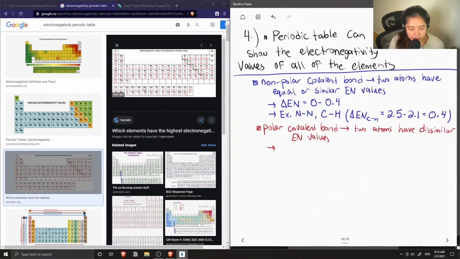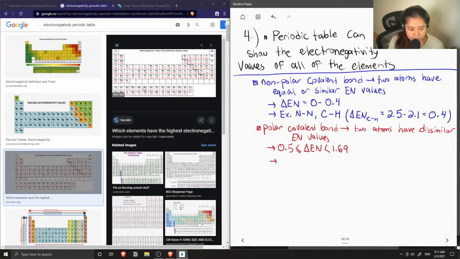And typically their difference in electronegativity is greater than or equal to 0.5, but less than 1.69.